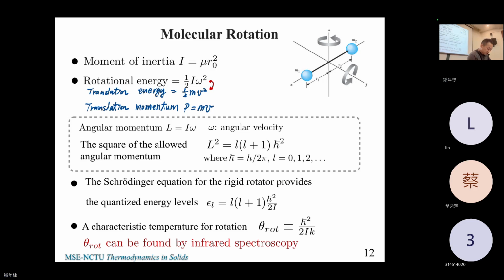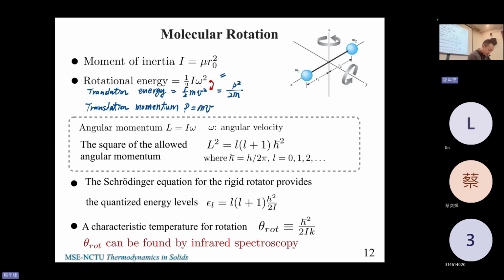So you see, P squared divided by 2m is also translation energy, right?